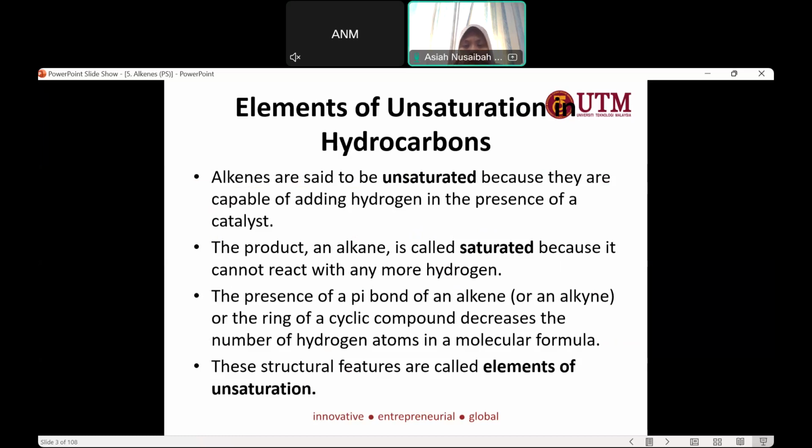So disebabkan itu, kedua-dua alkene dan juga cyclic compound ini, structural feature mereka ni dipanggil elements of unsaturation. Kewujudan double bond dan kewujudan cyclic merupakan elements of unsaturation.